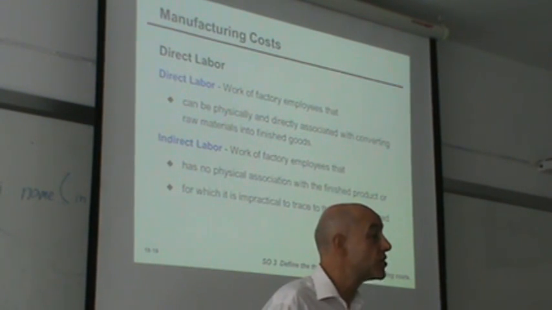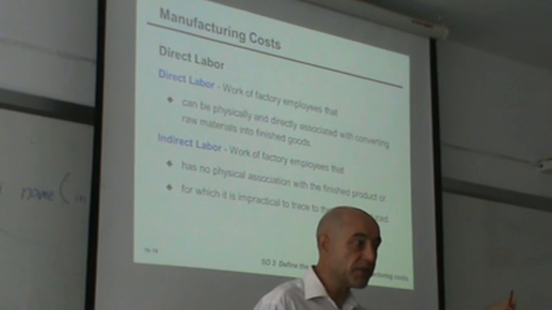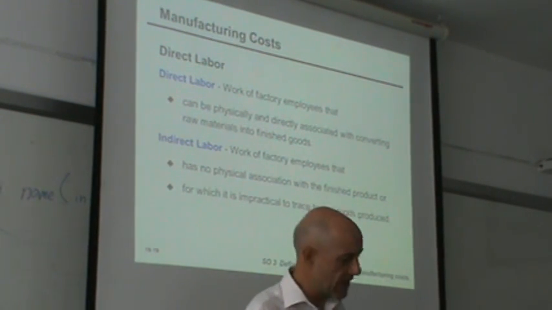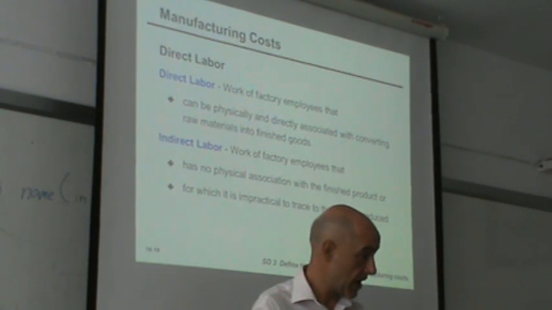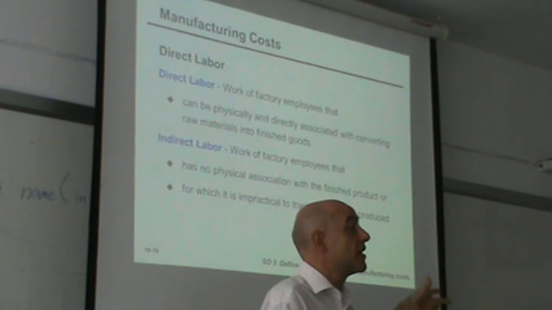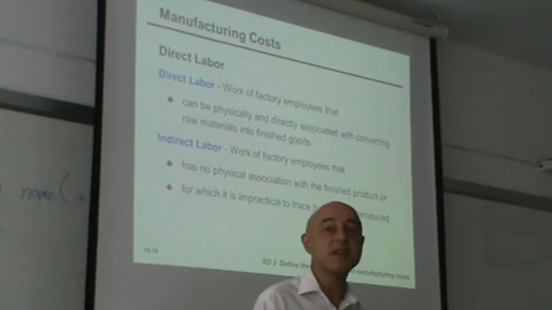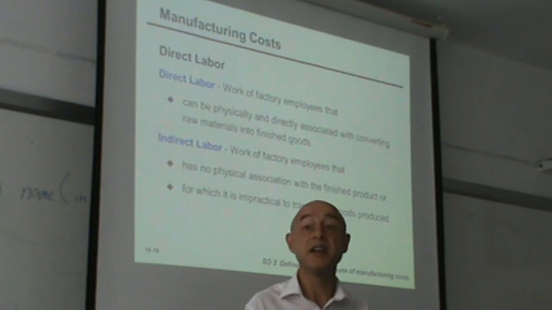Example where there is no association will be the secretary of the program, okay? She spends some time, she gave me the list of students in the class, okay? And she's doing a number of other things, but she is not directly associated with the main service.